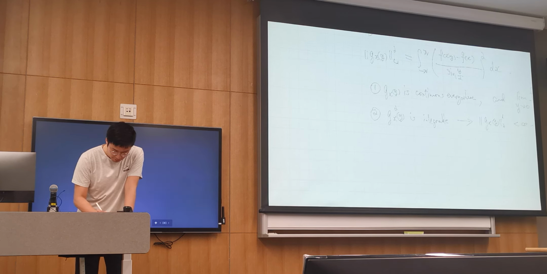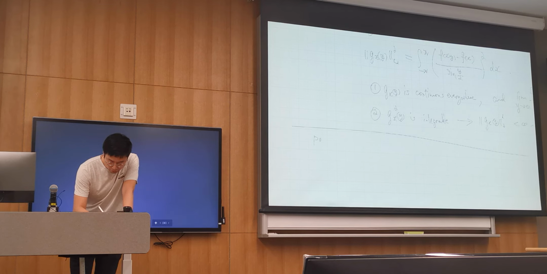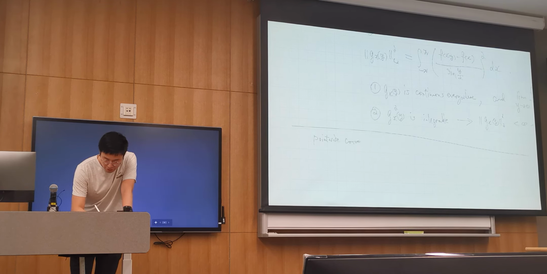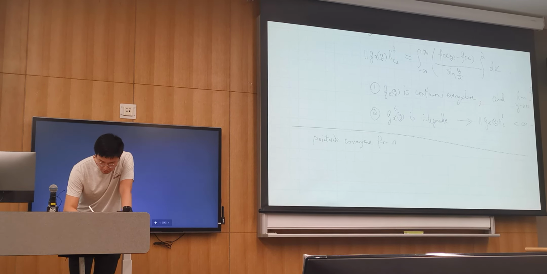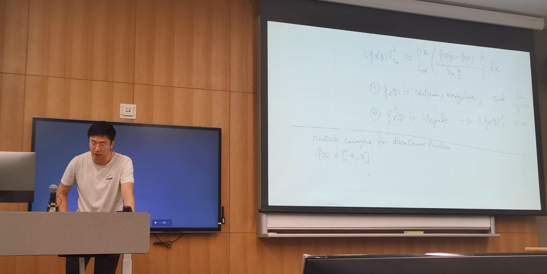So then the second part: the pointwise convergence for discontinuous functions. Which is that now my f(x) again belongs to the interval from negative pi to pi with the periodic boundary condition.